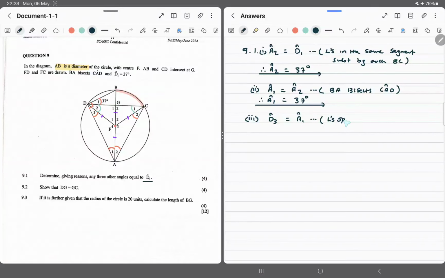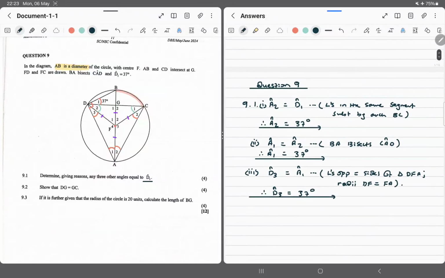These are angles opposite equal sides of triangle DFA with radii DF equal to FA. At times, when you don't have a chance to say a lot of things, just complex them. It is fine, okay? Therefore, D3 joins the club of 37 degrees.